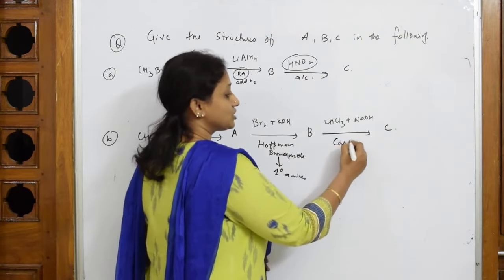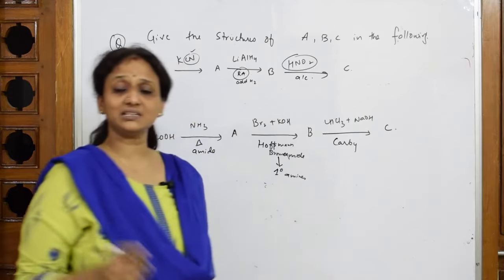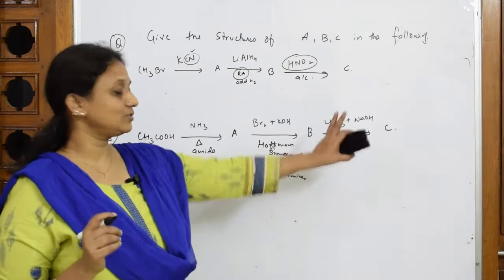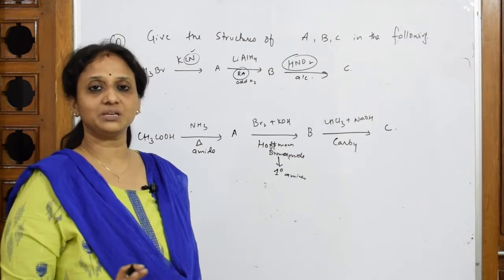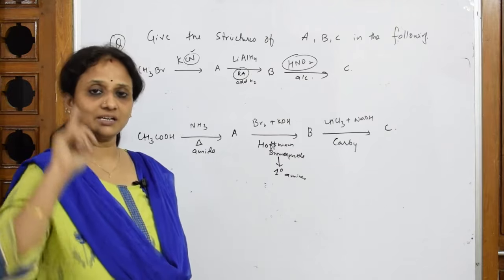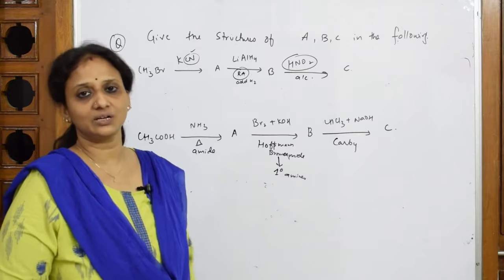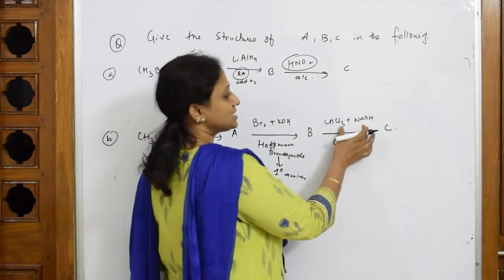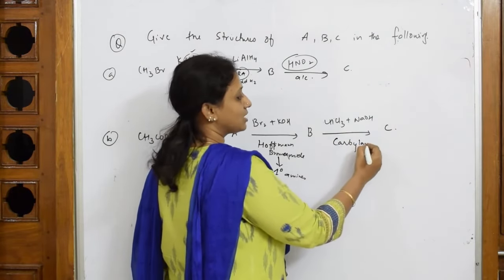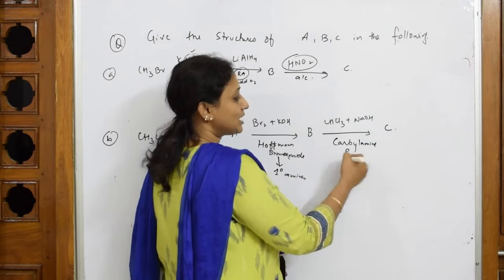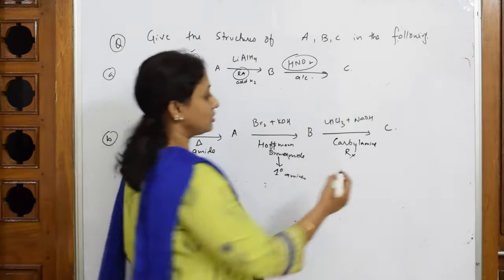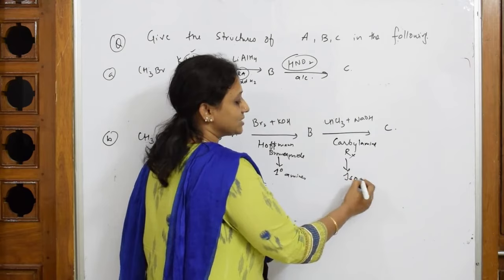I'm again stressing, please watch the earlier videos, otherwise you will not be able to understand this. I've already done how to do that reaction. This is clubbing of all the videos together under one video. So CHCl3 and KOH is the carbylamine reaction. What will the carbylamine reaction give me? It will always form isocyanides.